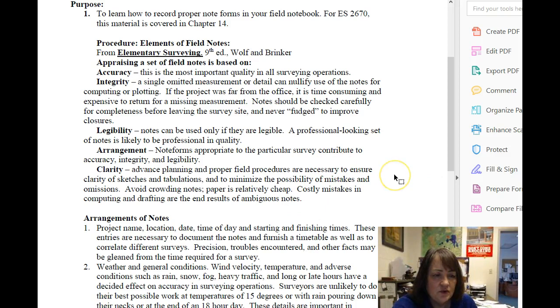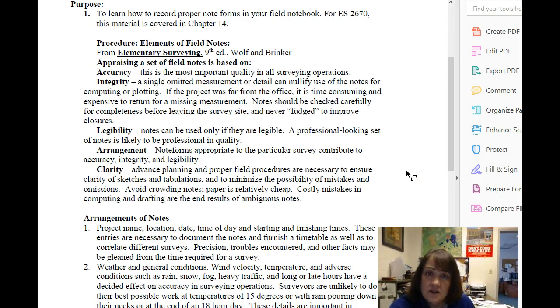So you want to make sure that the information is correct, complete, legible, that the note form, the way that you write it, lends itself to quickly understanding what it is you did, and also making sure that in some cases the arrangement of the data will actually facilitate the calculations that you'll do later.